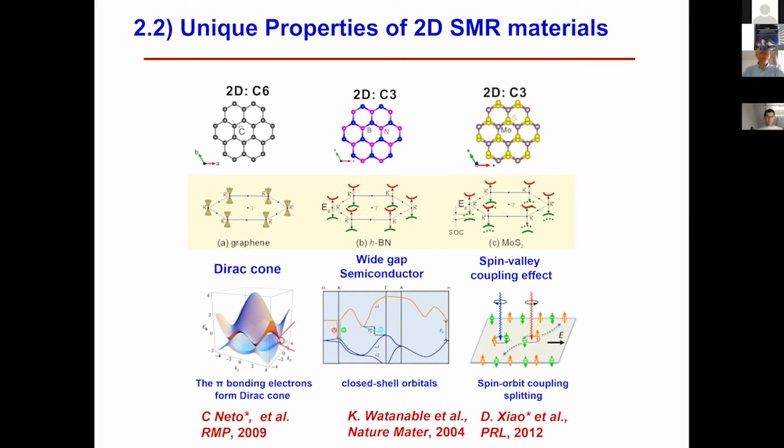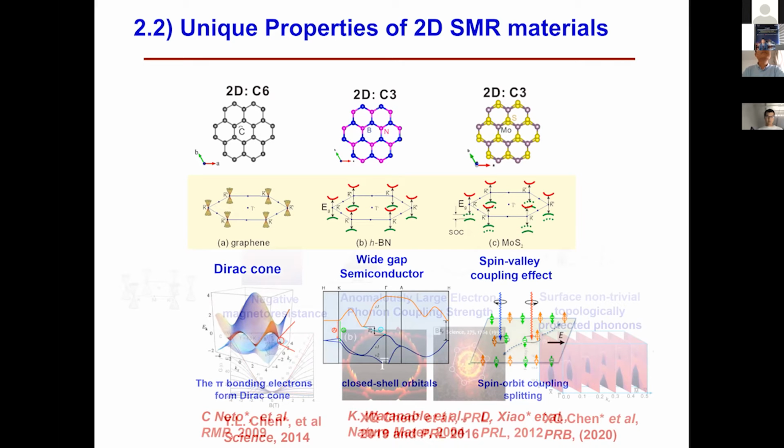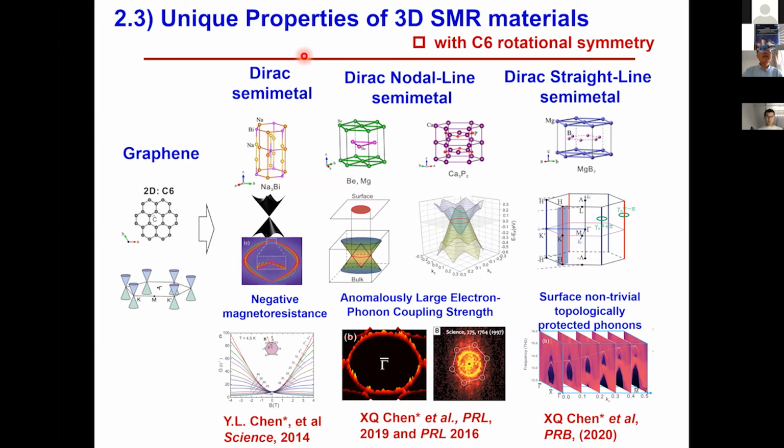And for three-dimensional materials, as I show you here, the material can be a Dirac semi-metal or Dirac nodal semi-metal or strand semi-metal, which can have negative magnetoresistance and anomalously large electron phonon coupling strengths and surface non-trivial topologically protected phonons.